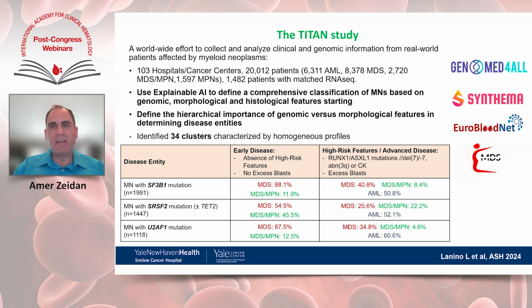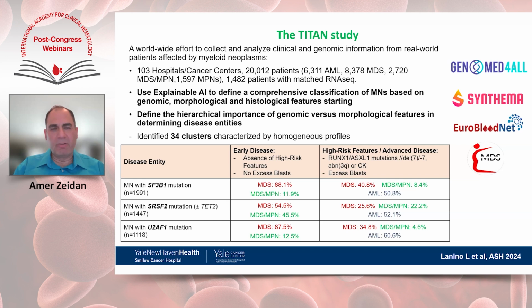And in this, I think, very exciting international effort called the Titan study, which was presented by Dr. Lanino on behalf of a collaboration between several groups, as you can see here, the Genomed4All, the Synthema, the EuroBloodNet, and the International Consortium for MDS.